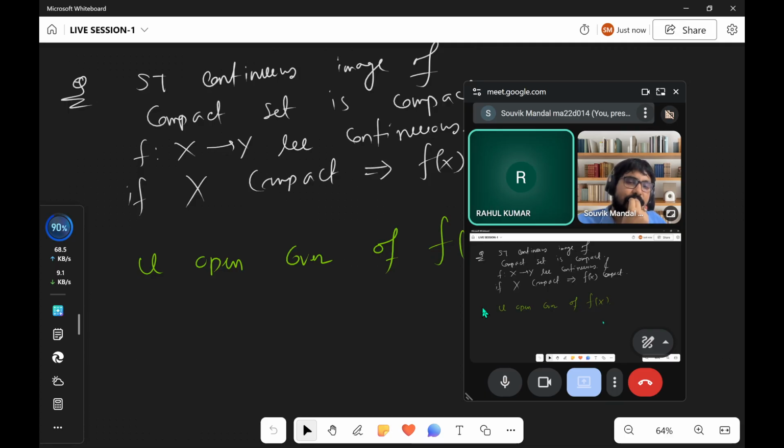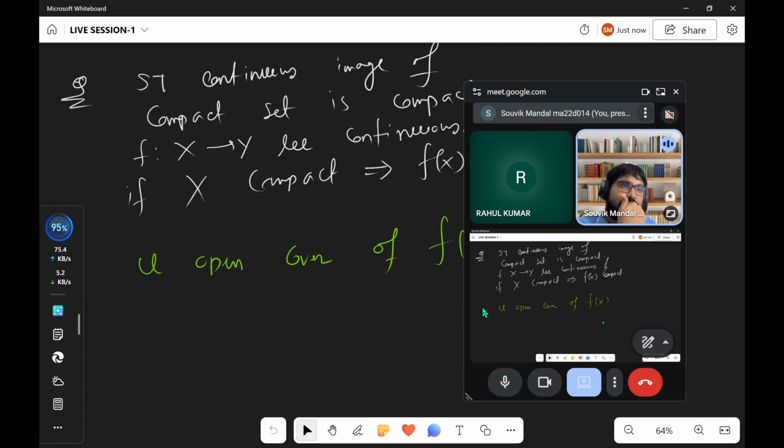No, no, no, this is not true. You have to show that X compact implies f(X) compact. That means we have to choose an open cover of f(X) and show that it admits a finite subcover. We do not need to show that f(X) compact implies X compact. Correct?